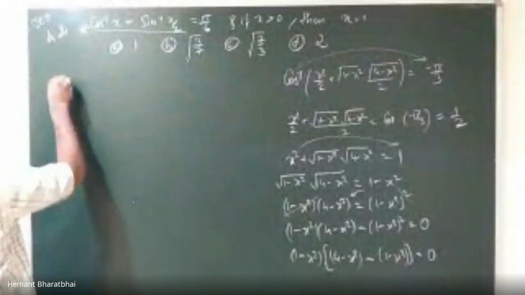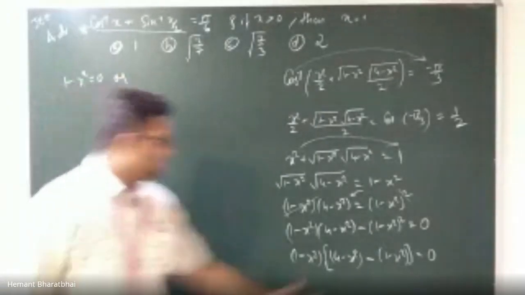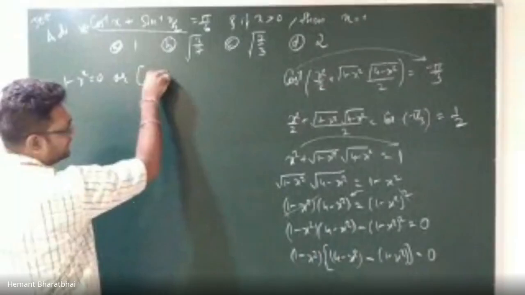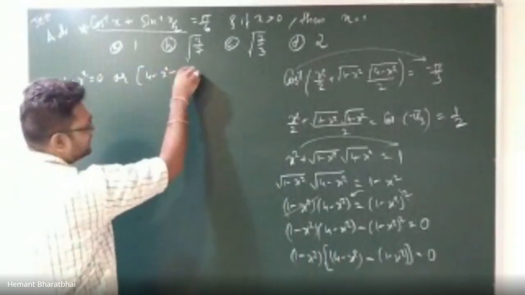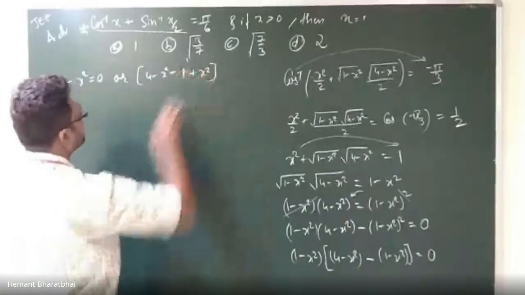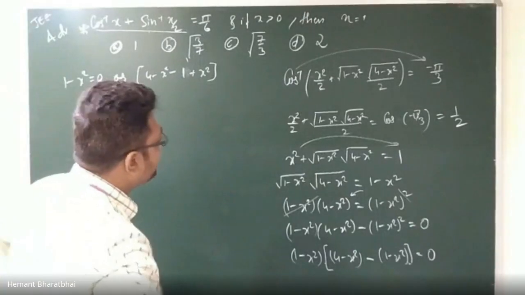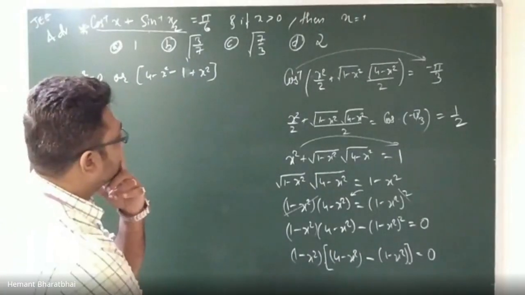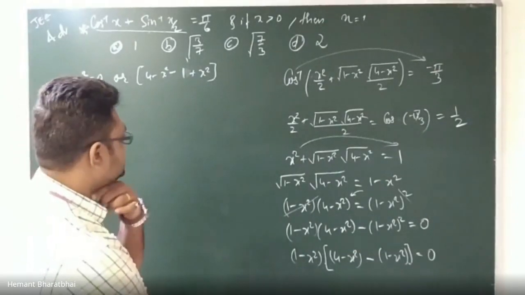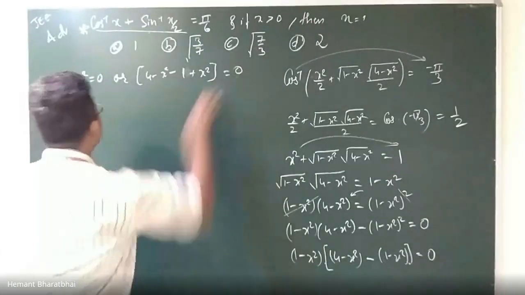So here I can write therefore 1 minus x square is equal to 0, or we will solve this entire thing. 4 minus x square minus 1 minus minus will become plus, is equal to 0.